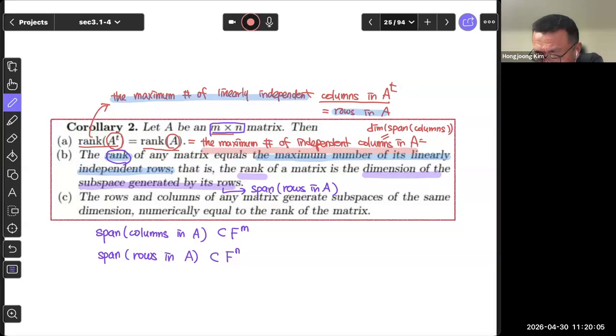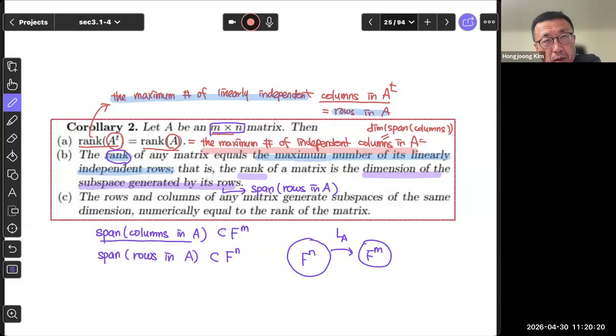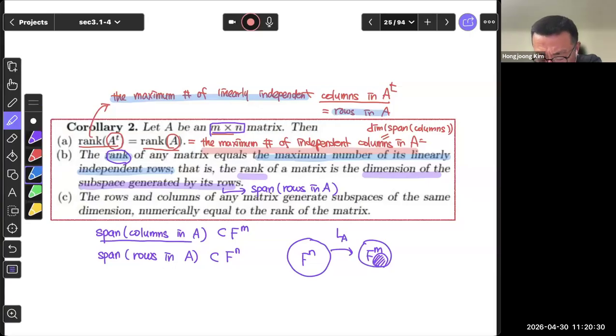Please remember that L sub A is a linear transformation from F^n to F^m space. The space generated by the columns in A is a subspace of F^m space, but the space generated by the rows in A is some subspace in F^n space.